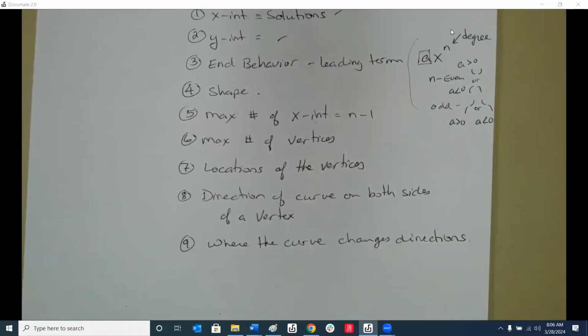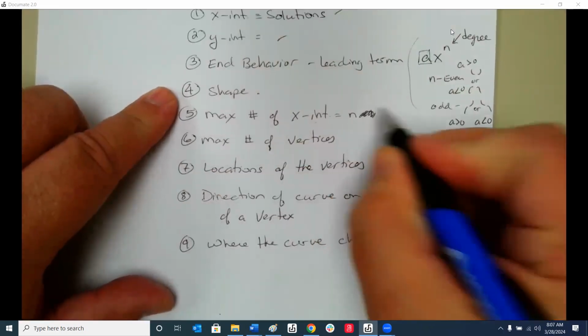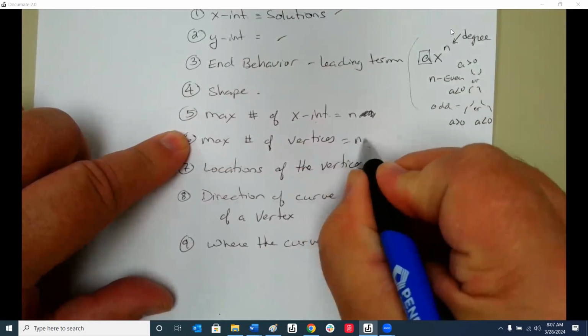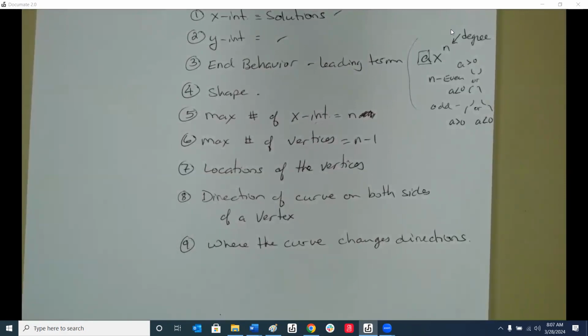For example, a quadratic equation is degree 2, n equals 2. So n minus 1, there's only one vertex. Oh, no, the maximum number of intercepts is n itself. The maximum number of vertices is n minus 1. So the degree tells us the number of x-intercepts we can have.